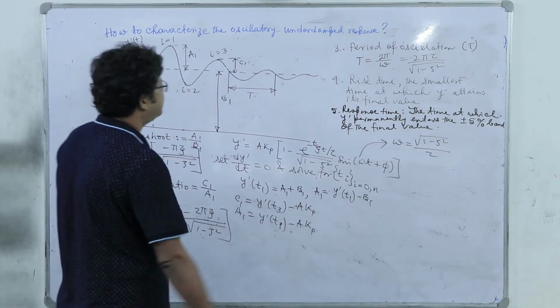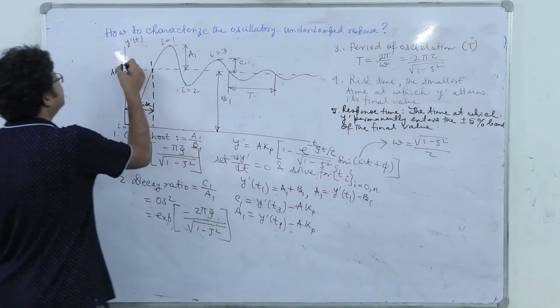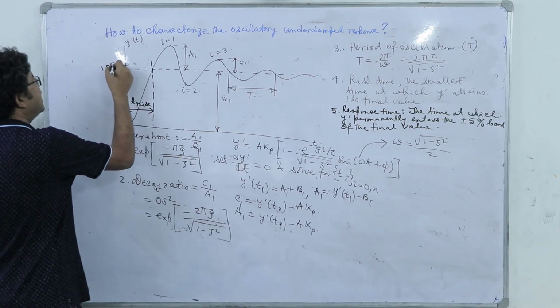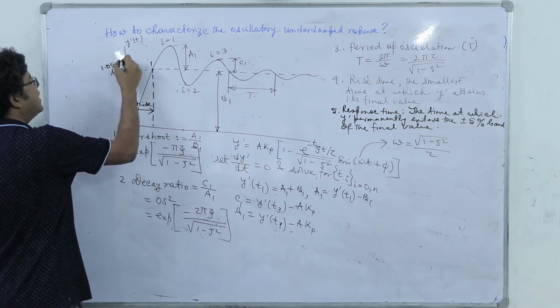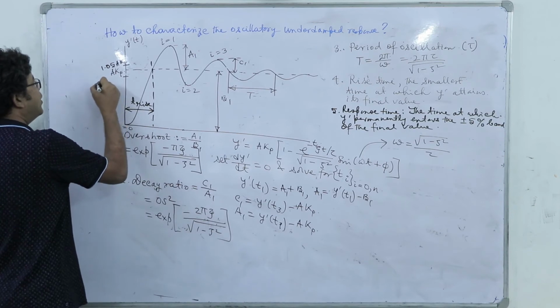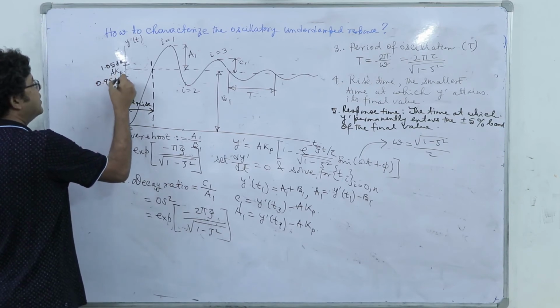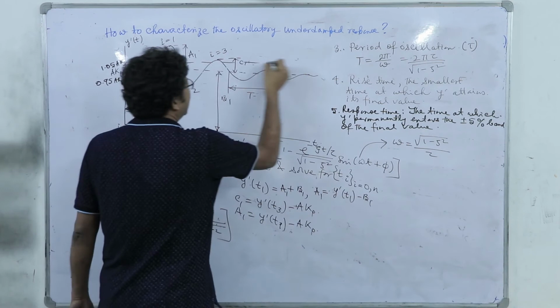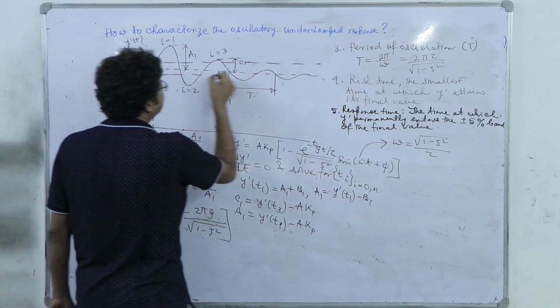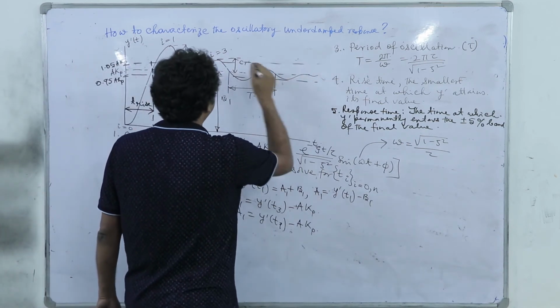Right. What is plus minus 5% band? Let's mark 1.05 AKP, which is 5% above, and also mark 0.95 AKP. So, this is the band.